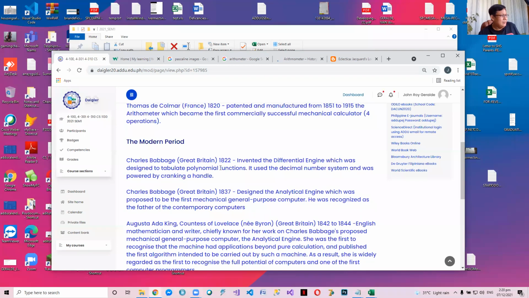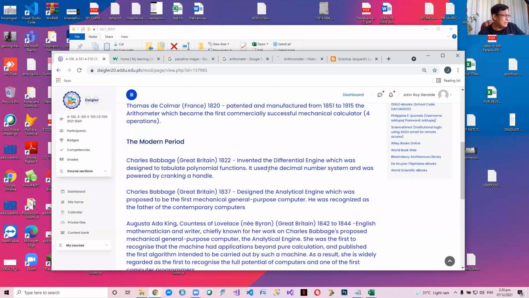It was never put to use. It was a crazy invention by Charles Babbage. Remember, tabulate polynomial functions. There are so many polynomial functions. You can only do that on a modern computer. But during those days, Charles Babbage already had an idea to tabulate.